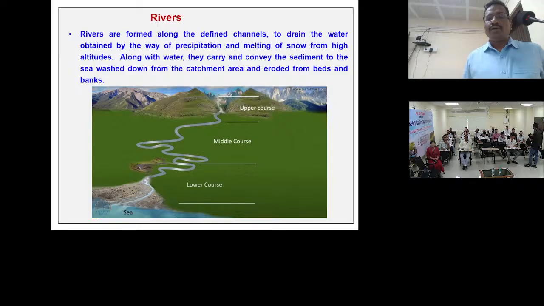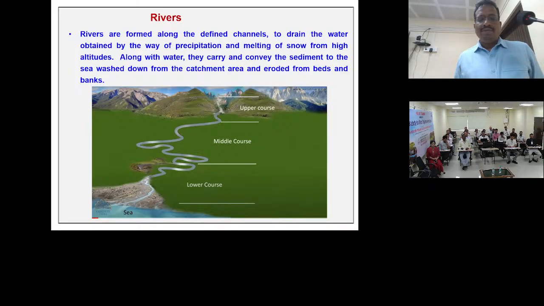These two reaches we will call the upper course. In this upper course, the steep slopes are there, and at the foothills the slope will reduce and suddenly flatten. After that, the river will enter the alluvial plain. Here, the river will behave in a meandering and braiding pattern.